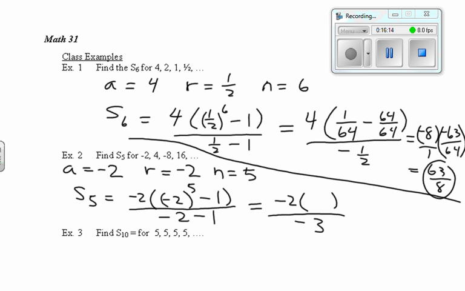So -2 to the 5th power is actually -32. -32 minus 1 is -33. And when I do that and multiply it out, I get -22. Did anyone get -22?